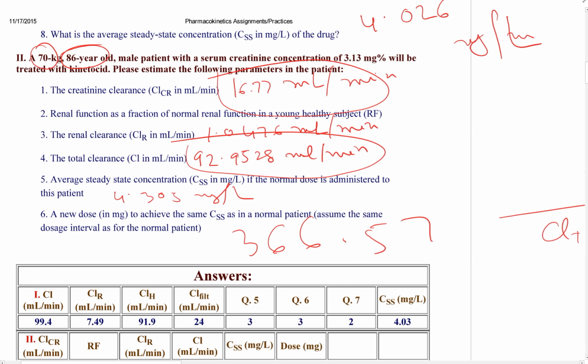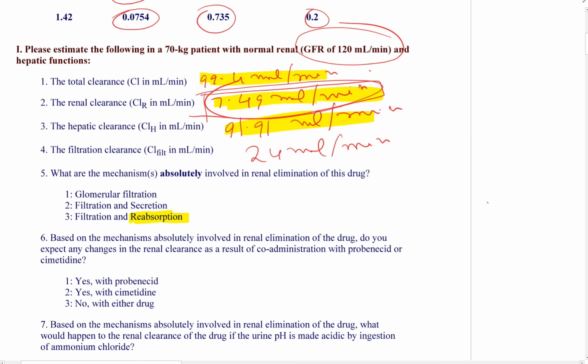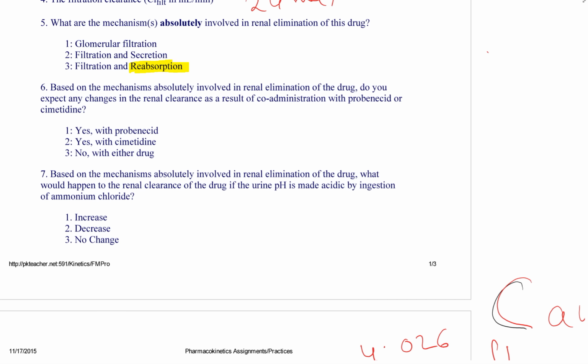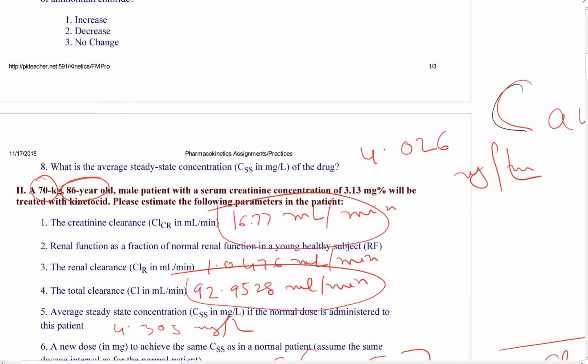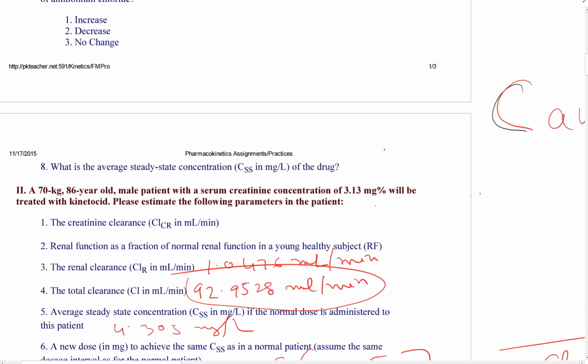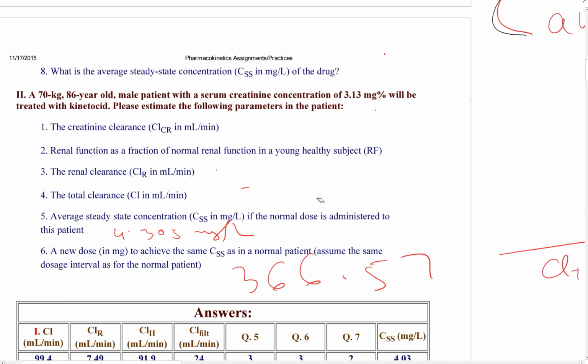As you can see, like our hepatic clearance assignment, we have two parts here. Part 1 talks about a healthy individual, and part 2 talks about an elderly patient whose clearance has gone down. Based on this, what dosing adjustment do you have to do? These are the calculations you have to do.